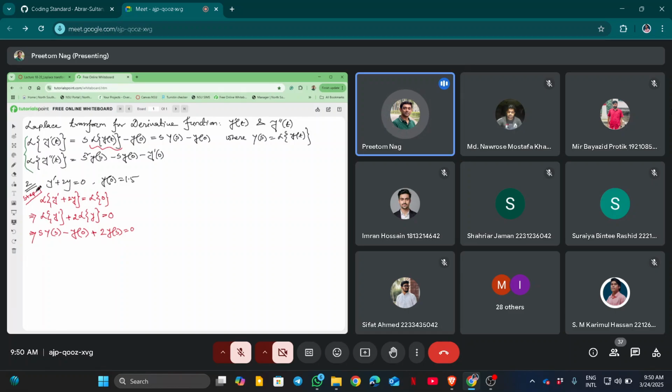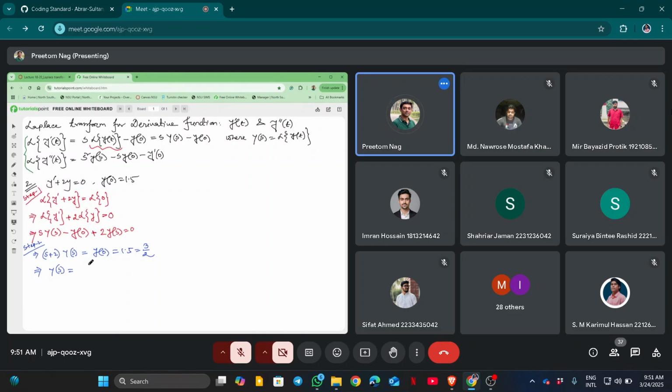So after applying the Laplace transformation, our next step, step 2, is to make Y(s) the subject. So if we want to find Y(s), we take Y(s) common from the terms, giving (s plus 2) Y(s), and the other term goes to the right hand side, which is y(0), which is 1.5, equals 3 by 2. So therefore, what will be Y(s)?